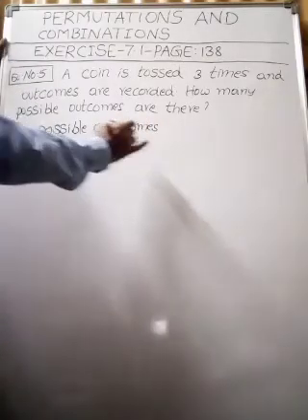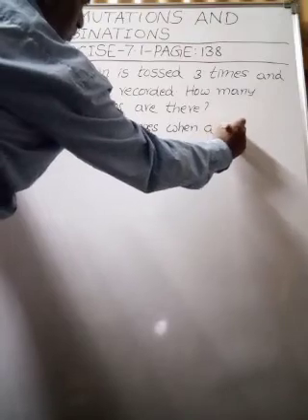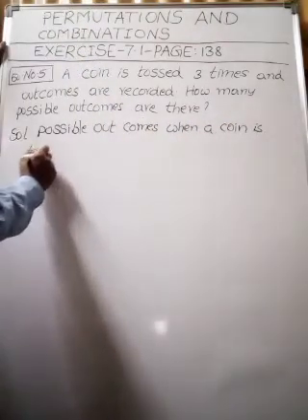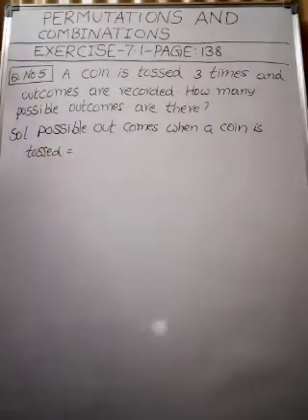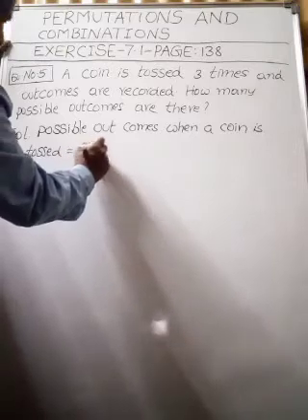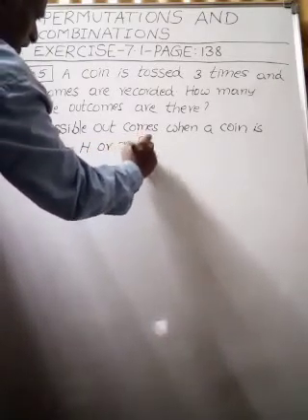Possible outcomes when a coin is tossed. If a coin is tossed, what are the possibilities? Either head or tail.